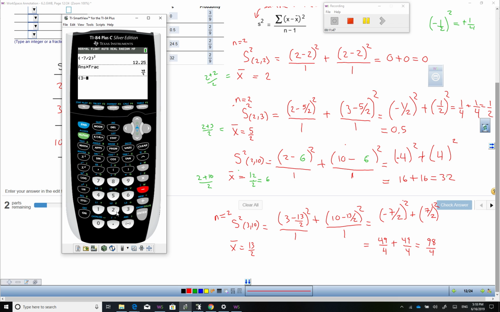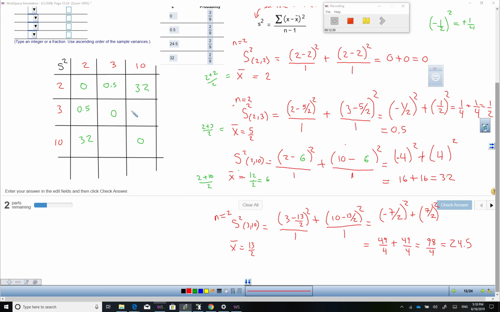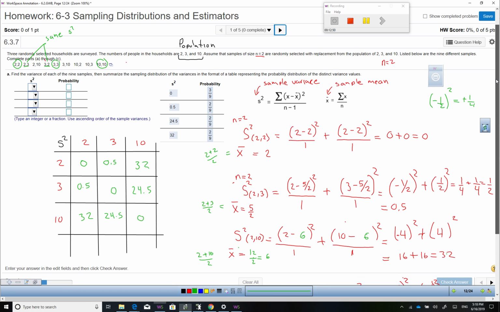Parenthesis 3 minus 13 over 2 in second power, and then press math 1, and that's how I got this number. You can verify all these operations in the calculator. 98 over 4, in this case, will be 24.5. So this number goes here, 24.5 and 24.5. Okay, let's go back to that first page.